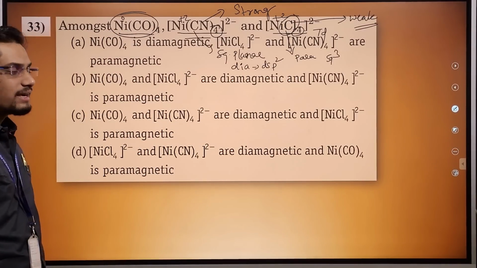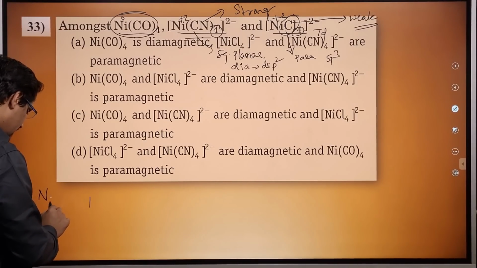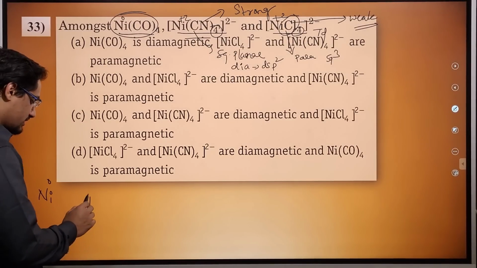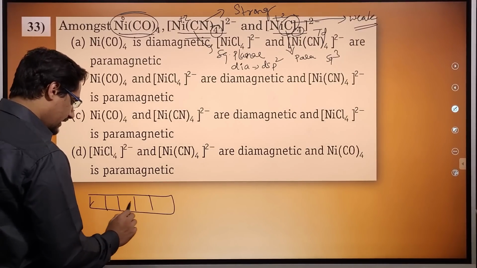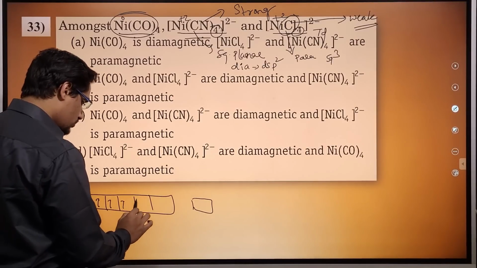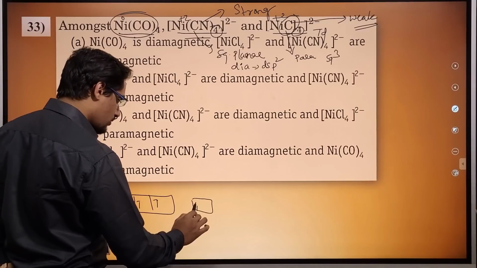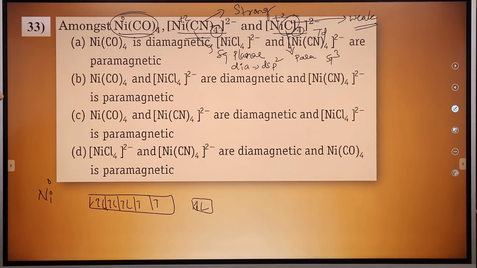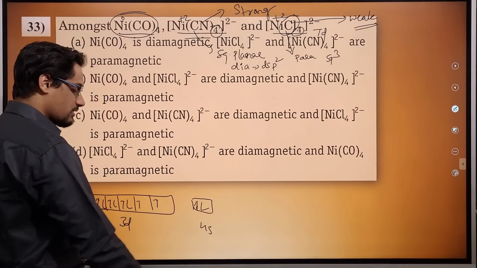But the problem with nickel tetracarbonyl is the electronic configuration of nickel: nickel is in 0 oxidation state. It has 3d8 4s2, 1 2 3 4 5 6 7 8. Here it undergoes sp3 hybridization with 4s and 4p, which is px, py, pz, the 3 p orbitals vacant.